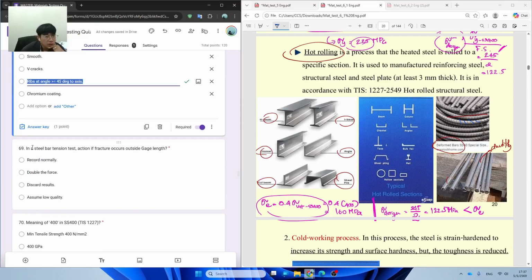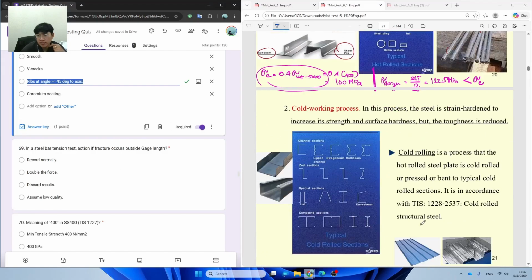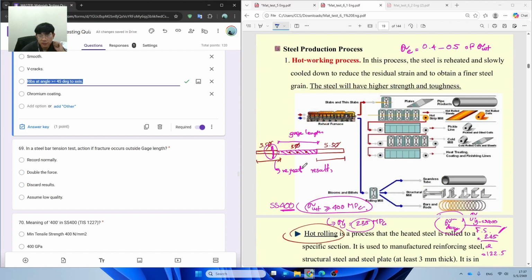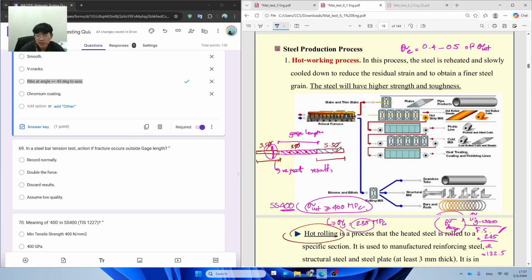And under one, in a steel bar tension test, the fracture occurs outside of the gauge length. I think I have the example here. Normally, when we do the tensile test, you can see that on our sample we're going to mark 3 points over here. 1, 2, 3. And the 3 points are supposed to be in the gauge length. The gauge length is supposed to be 5 times the diameter, and then the grip length is supposed to be about 5.5 times the diameter.